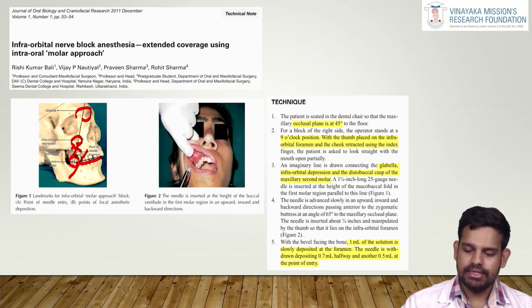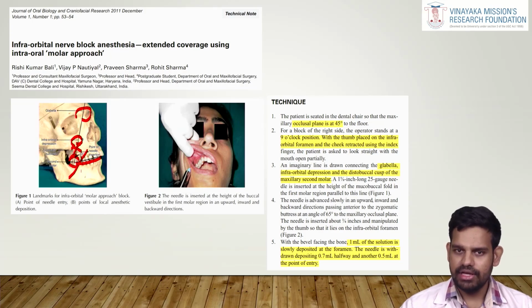The technique here: the occlusal plane is at 45 degrees to the floor and the operator stands at the 9 o'clock position with the thumb placed on the infraorbital foramen to palpate the exact point of insertion. The needle is advanced slowly in an upward, inward and backward direction, passing anterior to the zygomatic buttress to form an angle of 65 degrees to the maxillary occlusal plane.